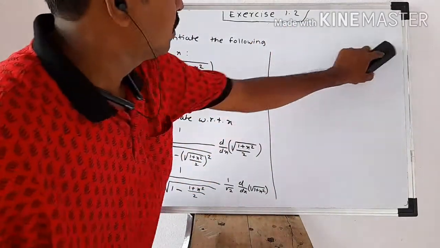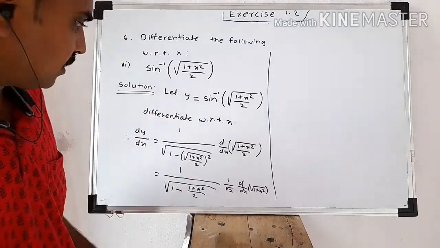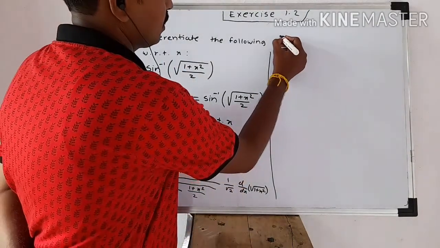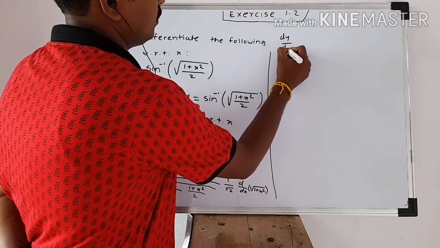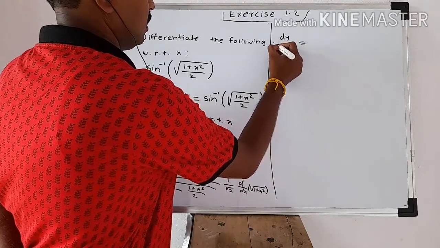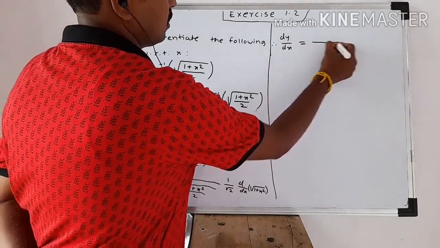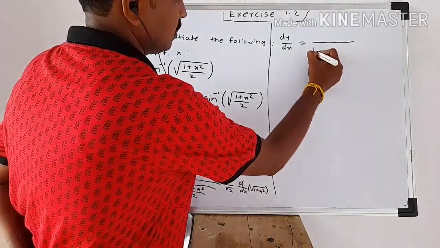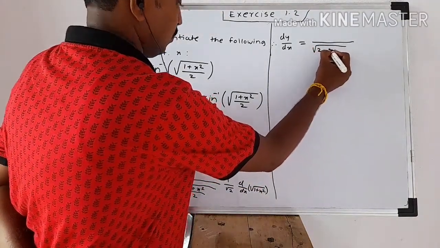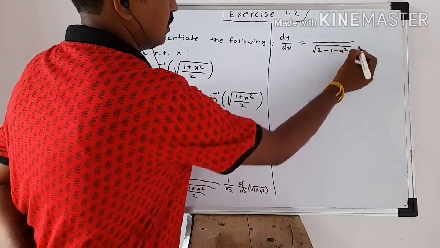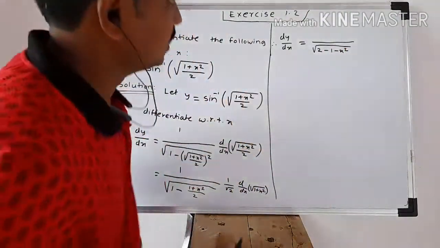Now again we can simplify this expression. Therefore the derivative of y with respect to x can be written as: the expression in root sign will be 2 minus (1 minus x square), that is 2 minus 1 minus x square.